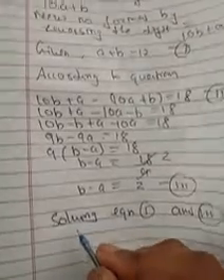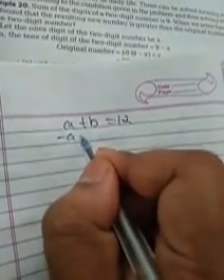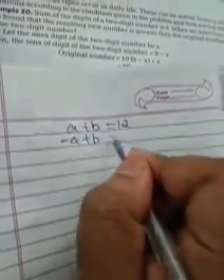Now the first equation is a plus b is equal to 12 and the third equation is b minus a is equal to 2. Now we will rearrange the equation. It will become a plus b is equal to 12, and the second one, b minus a, we can write a first: it will become minus a plus b is equal to 2.